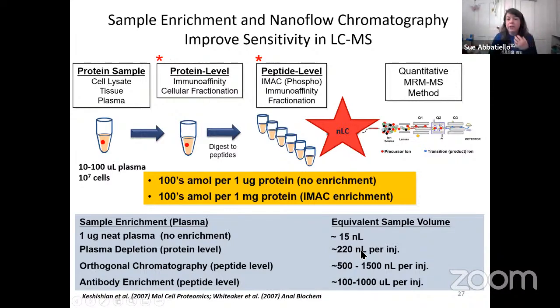plasma equivalent per injection. If we do the orthogonal peptide level chromatography, now it looks like the equivalent of what we would be loading if we hadn't done the enrichment is between 500 and 1500 nanoliters. So you see, even though we can't load that much on a nano column, the equivalent we're able to see gets us down to proteins that are so low abundant, we normally wouldn't detect them without this level of enrichment.